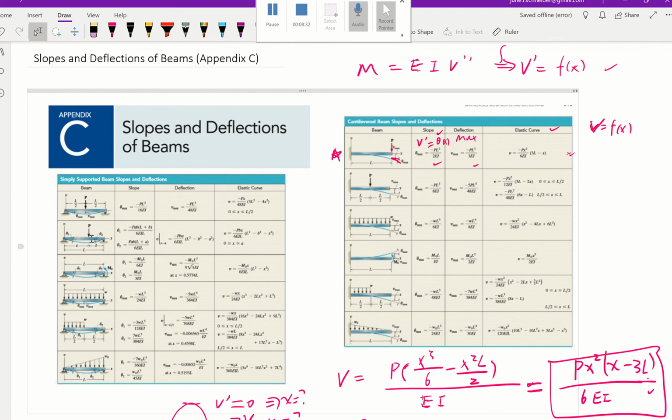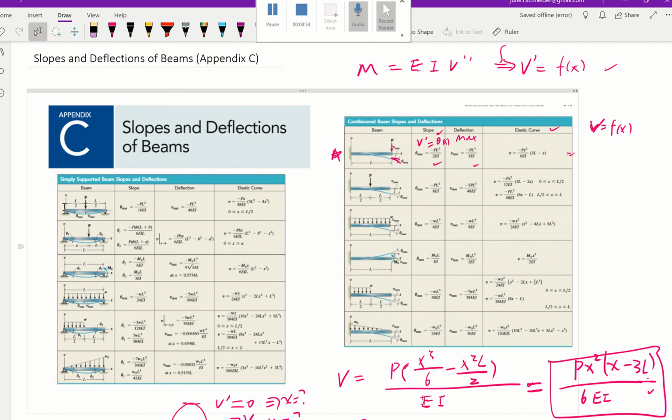So for example, they give you a simply supported beam like this one, with a concentrated load in the middle. They want you to find out where the maximum deflection is and what its value will be. Then you come to this one. The maximum deflection value is this one, right? And where does the maximum slope occur?